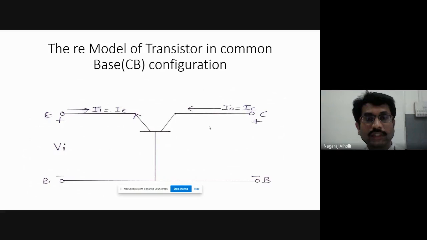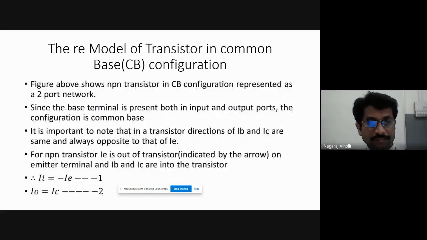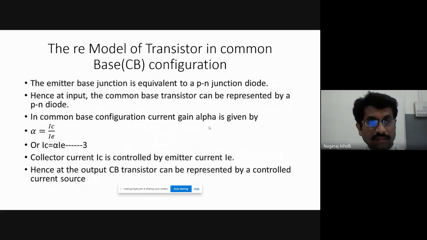If a voltage depends on some other voltage, then that voltage source is called a controlled voltage source. We have discussed this in our previous classes. Hence, at the output, the common base transistor can be represented by a controlled current source.